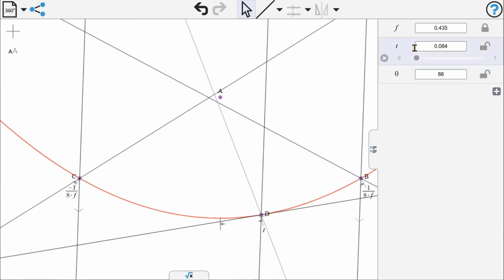And we see that it moves around in the region between the focus and the intersection of the rays at the extremities of our mirror.